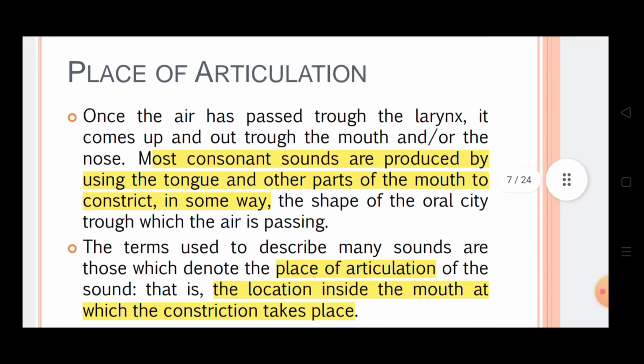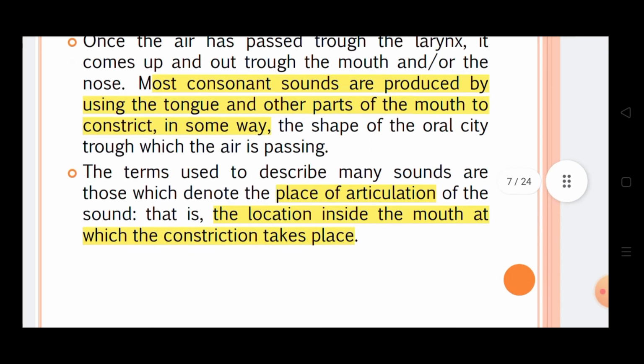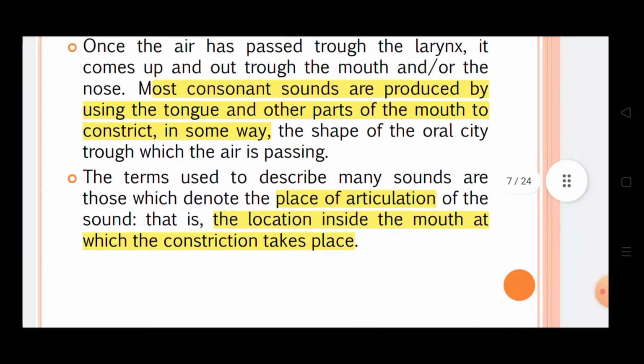And now we'll discuss the place of articulation. Basically, place of articulation refers to where the sound is constricted or halted, and most consonant sounds are produced by using the tongue and other parts of the mouth to constrict in some way. We constrict any sound in some way, so that is the place of articulation.